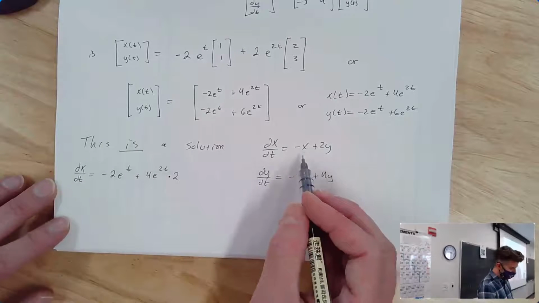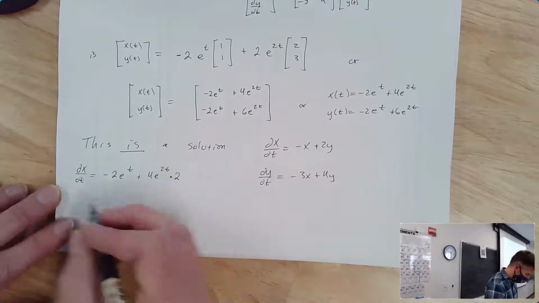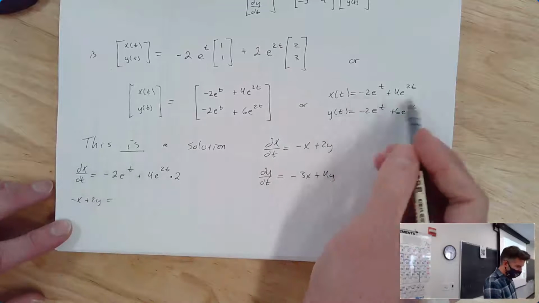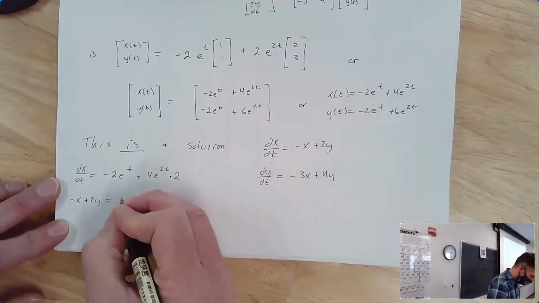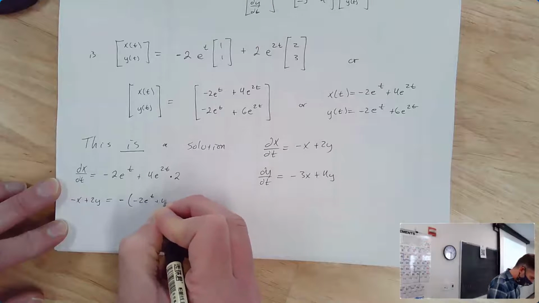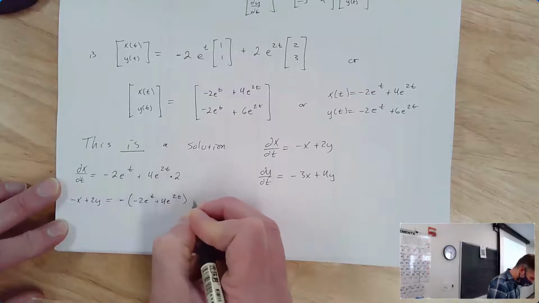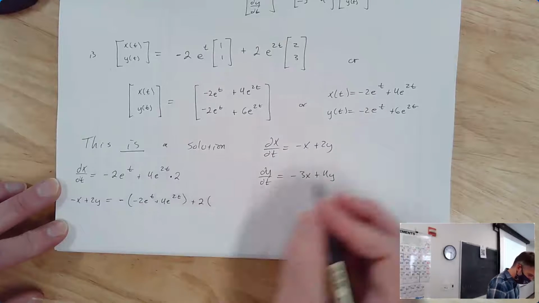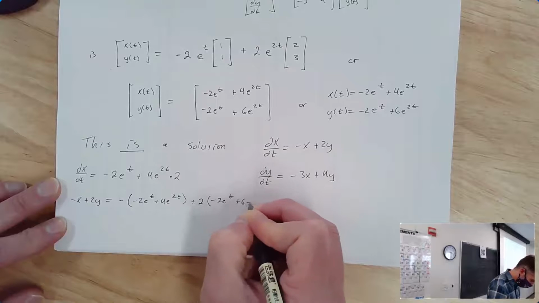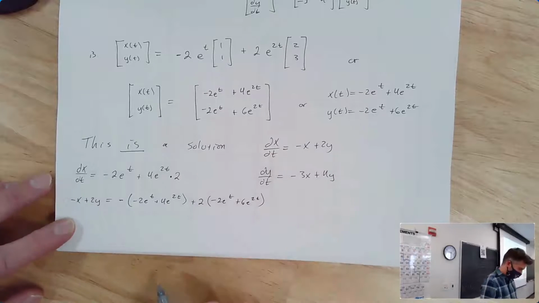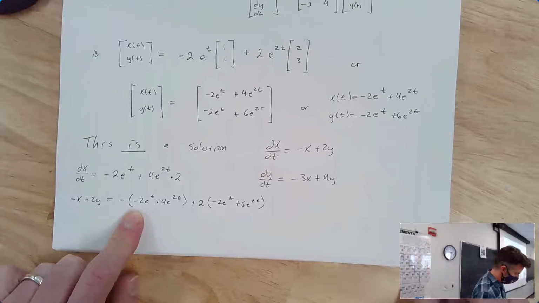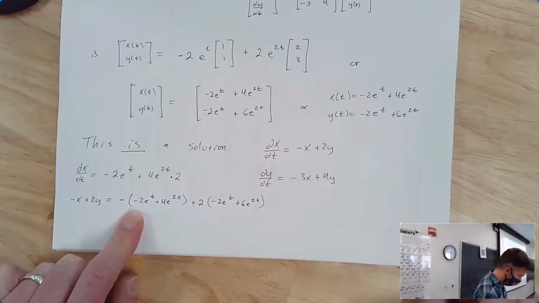Let's compare that to negative x plus 2y. Well, negative x is the negative of all of this. So it's negative 2 e to the t plus 4 e to the 2t plus 2 times y, which is all that. So let's see. I'm going to get worried, because this looks wrong.